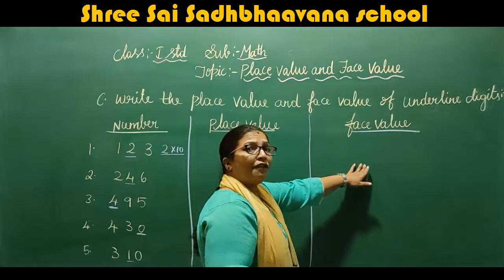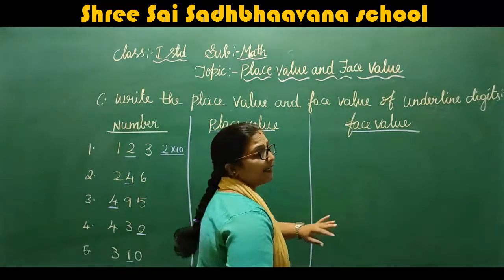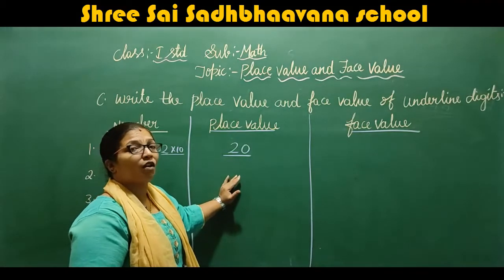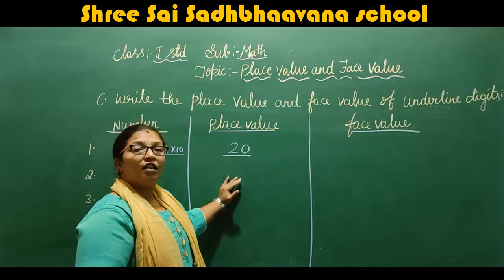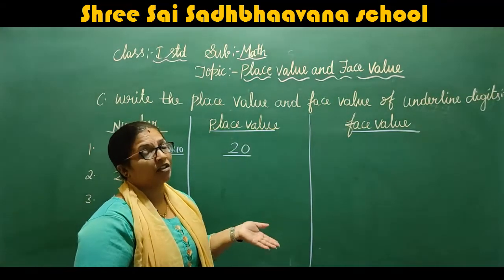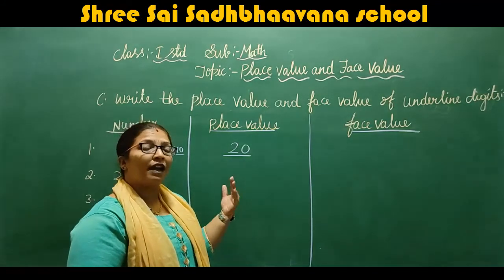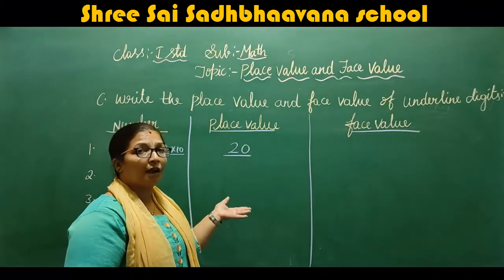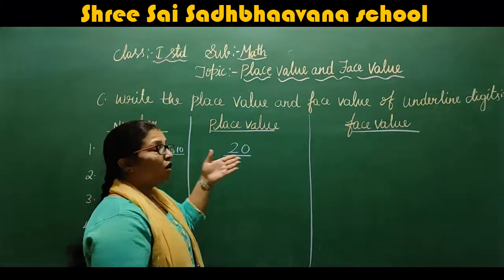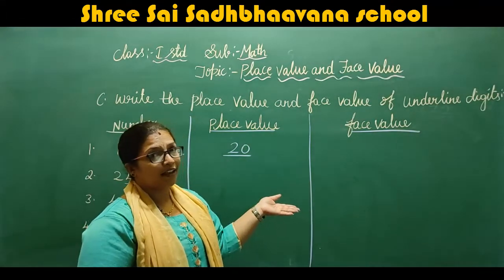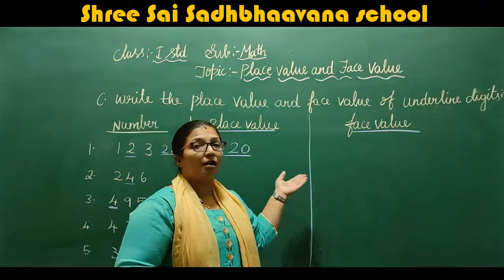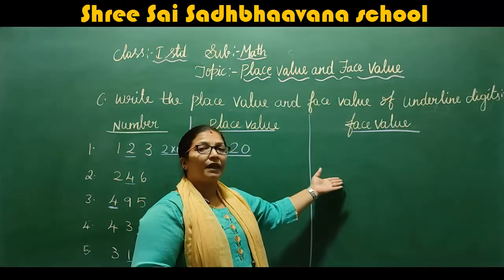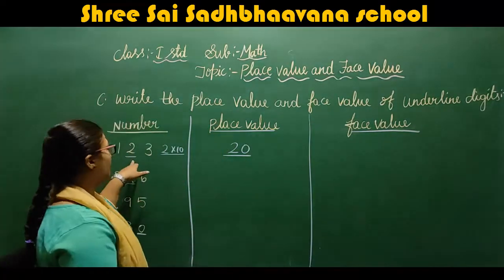So what will the face value be? What I said: the place value will change according to its position. If it is in the tens place, the value will be different. If it is in the hundreds place, the value of the number is different. But the face value will be the digit itself.